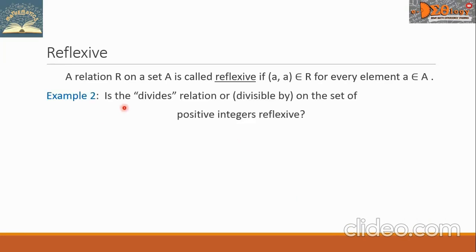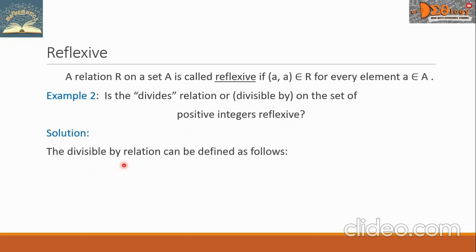Example 2. Is the divides relation, or divisible by, on the set of positive integers reflexive? The divisible by relation can be defined as follows. The relation R equals the ordered pairs (a, b) such that a divides b, where a and b are elements of Z with superscript plus.